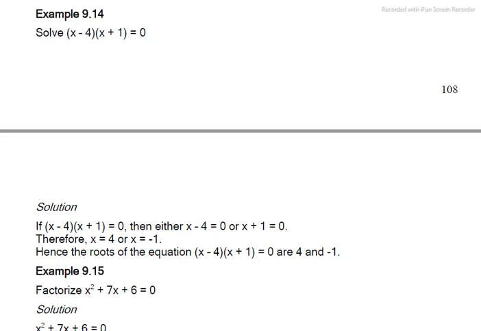And when we equate these two brackets to 0, we shall find the values of x. If we equate the first bracket to 0, you get x as 4. When you equate the second bracket to 0, you get x as negative 1. Hence, those are the roots of the equation. The roots of the equation will be 4 and negative 1.